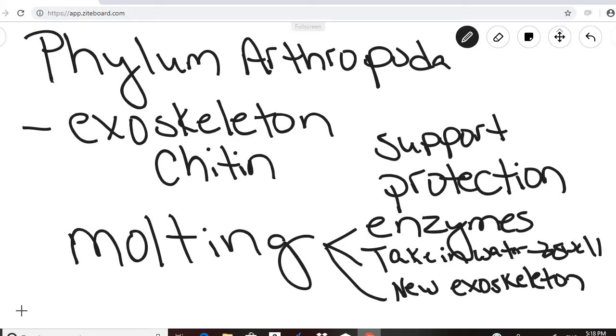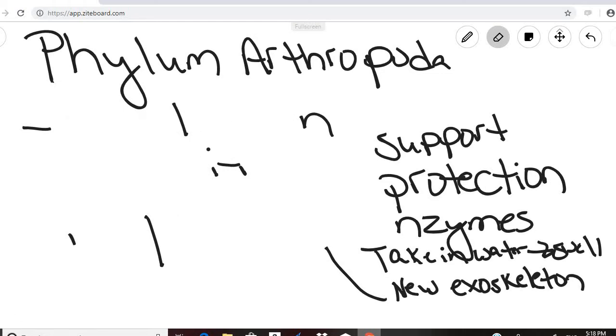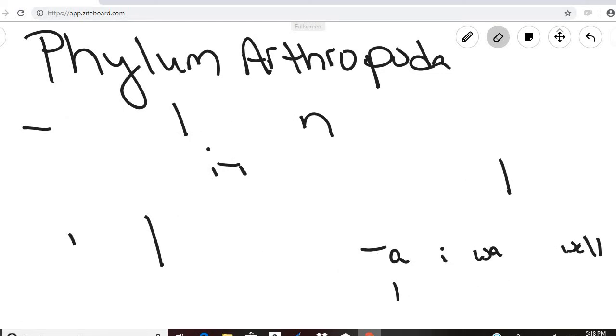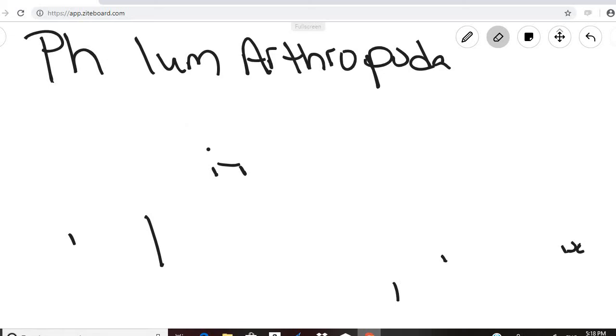Okay, so one characteristic for phylum Arthropoda is that they have an exoskeleton. A second characteristic that we discussed was that they have body segments.